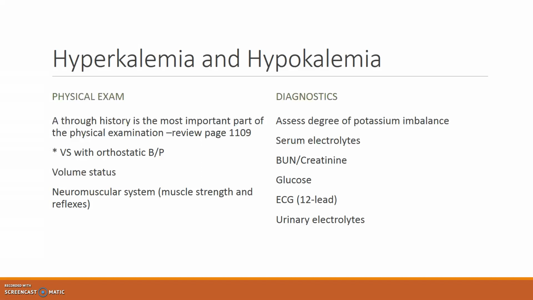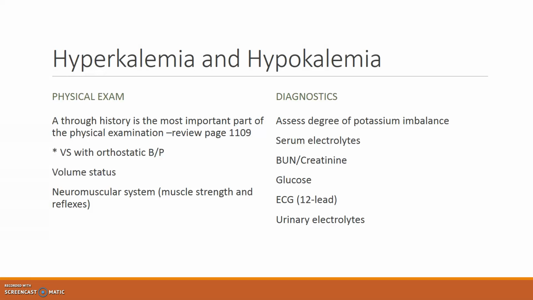When someone's in your clinic and they are having symptoms that reflect hyper or hypokalemia, you're doing a comprehensive head to toe, but there's some things you can really be provoked to think about, that you spend extra time on because of their symptoms and your possible diagnosis.